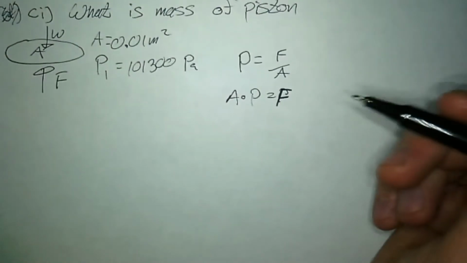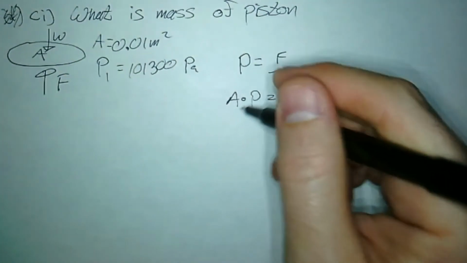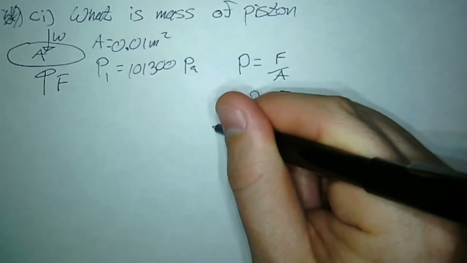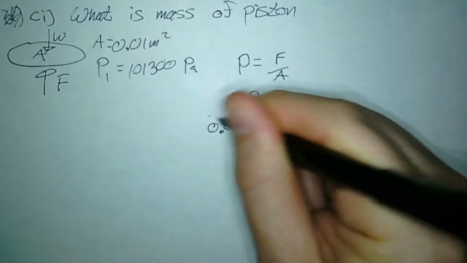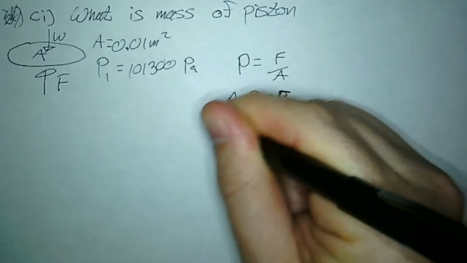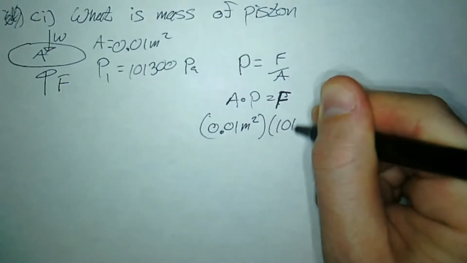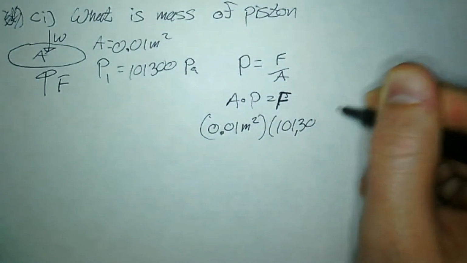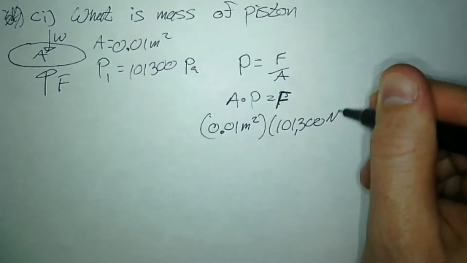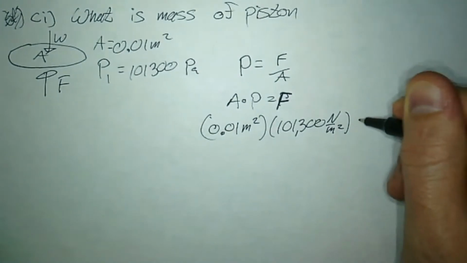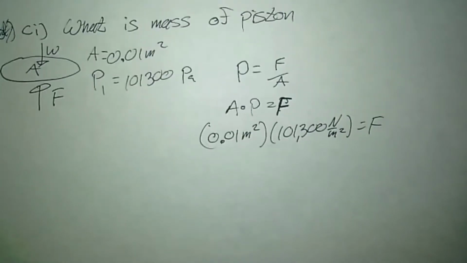So I'm going to just plug in my numbers here. It's 0.01 meters squared times 101,300 newtons per meter squared, and that's equal to force. Let me type it in my calculator.